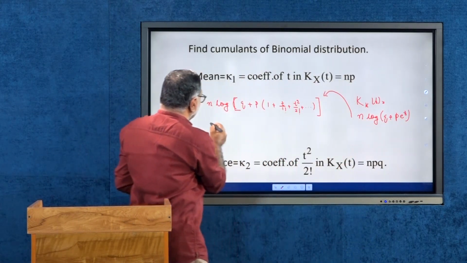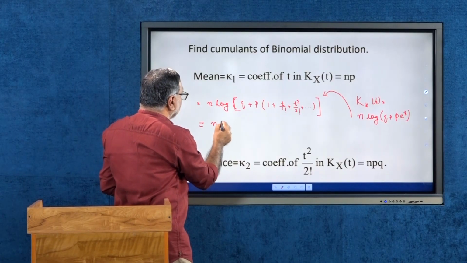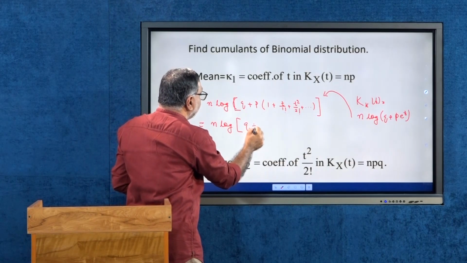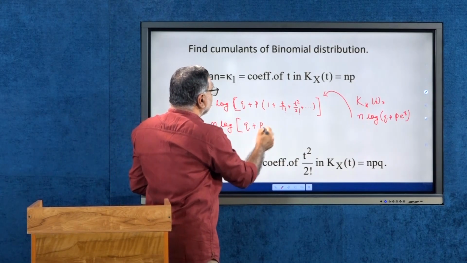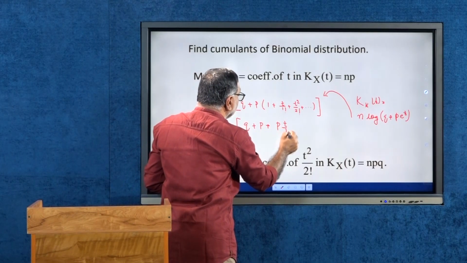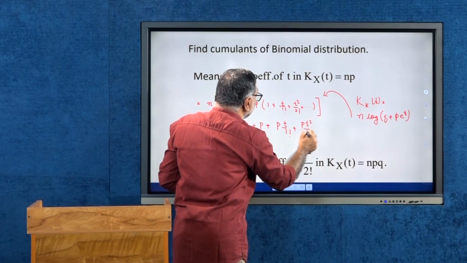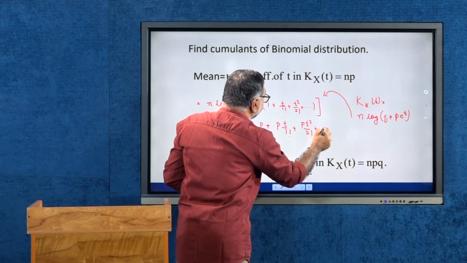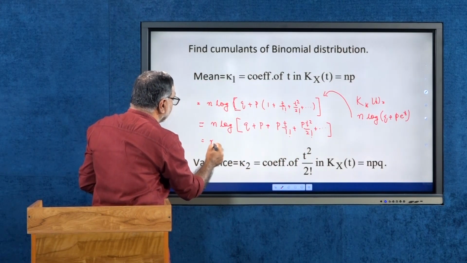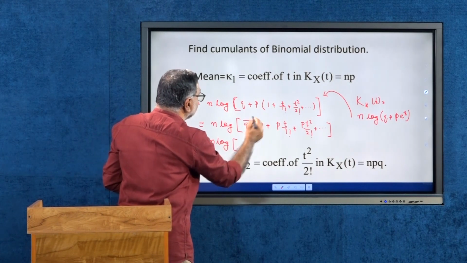Simplifying again, we have n logarithm of q plus p, plus p t divided by 1 factorial, plus p t square divided by 2 factorial, plus etc. And q plus p is our 1.